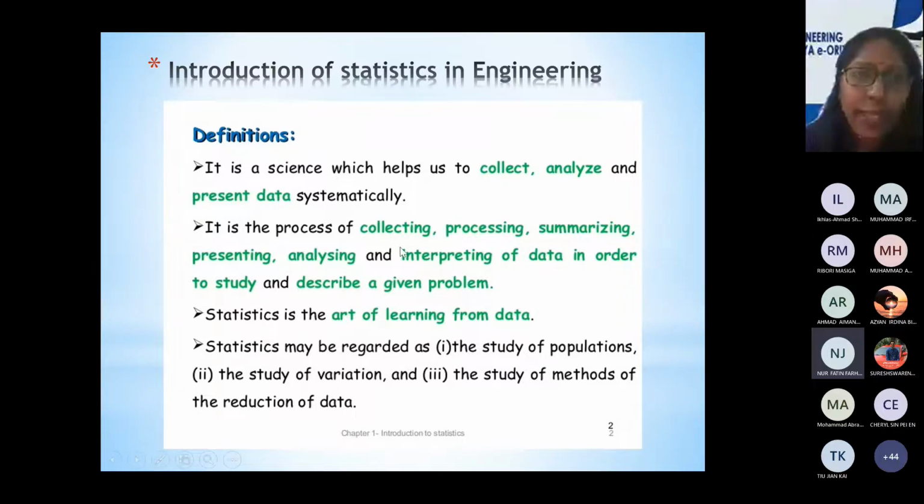But now we add a little bit more. We collect data, and before we analyze, we process the data. We call it data cleaning. We process the data a little bit, then we summarize what we have got. In our data processing, we will find how much data cannot be used.